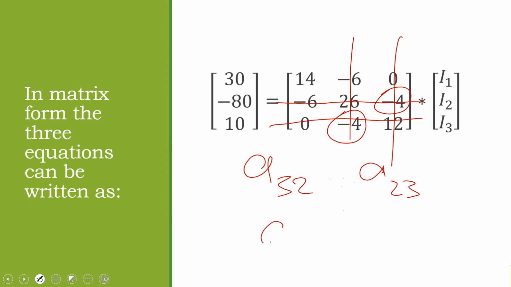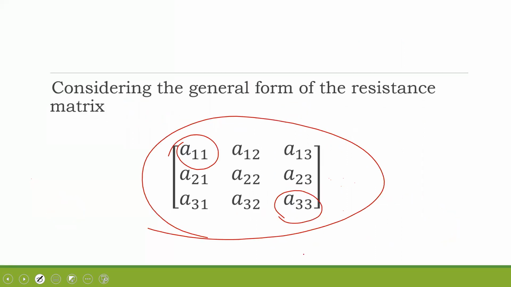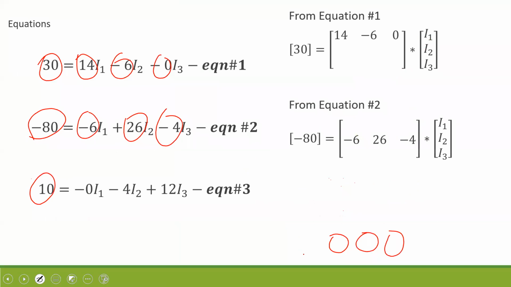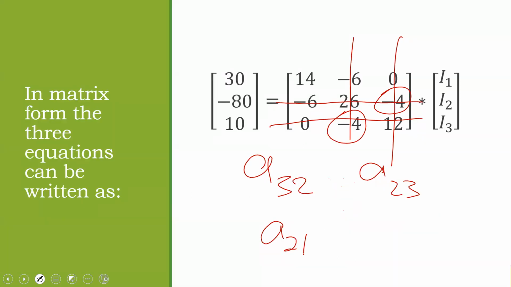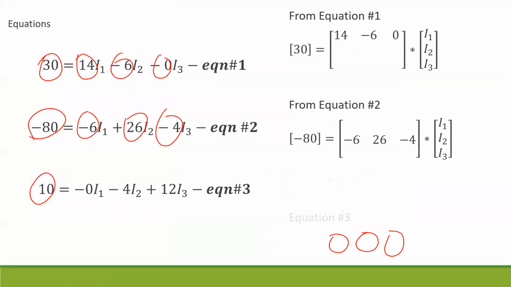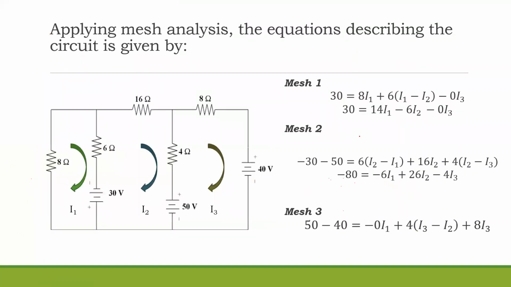We also spoke about A2,1, the element between mesh 2 and 1. Let's go back to our circuit. This is mesh 2, mesh 1. The element between mesh 2 and 1 is 6.